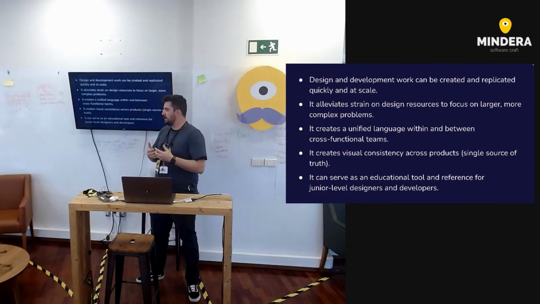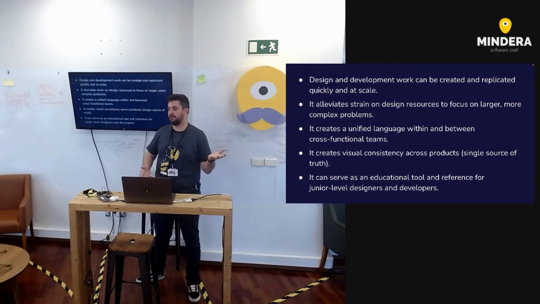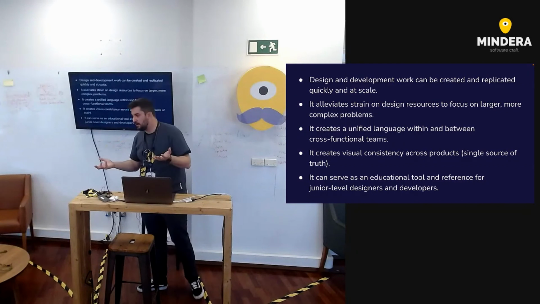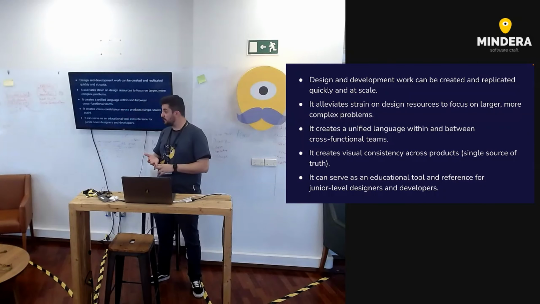So with the design system, on the design part, and in the development team, we will have documentation on how to use it and what components we have until now.